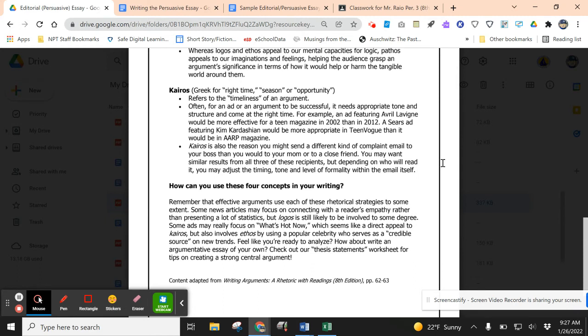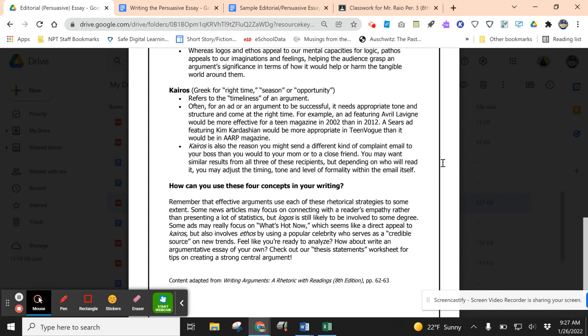Let's not add to that by giving them meaningless work that does not add to their academic achievement. Let's let them spend time with their families. Let's let them be kids. Those kinds of arguments, I think, are timely because it's what's going on right now. So you're connecting, even if it's a timeless issue like the death penalty, you can connect it to what we're seeing now in the world. That's Kairos.